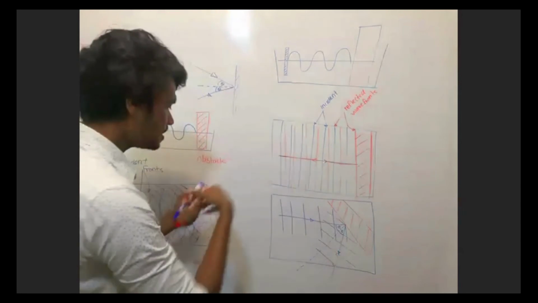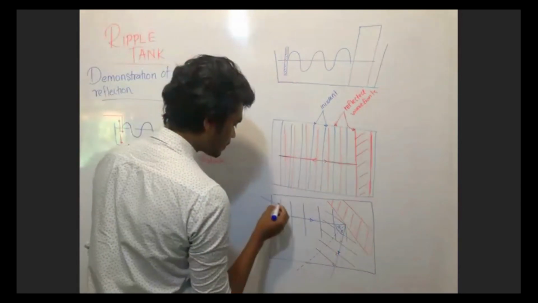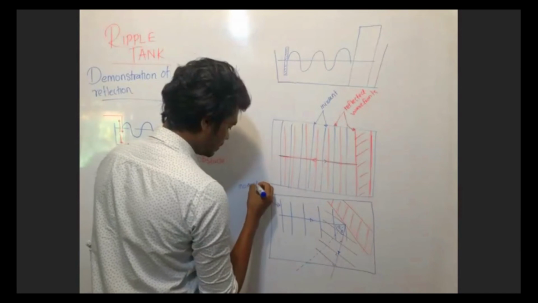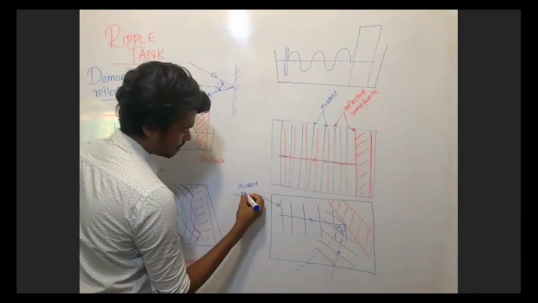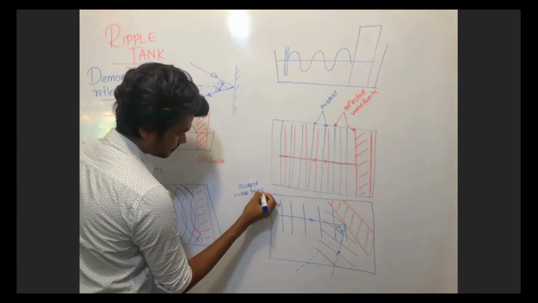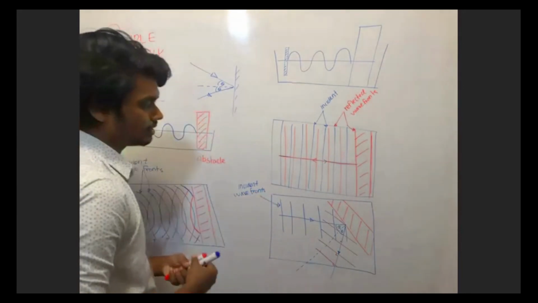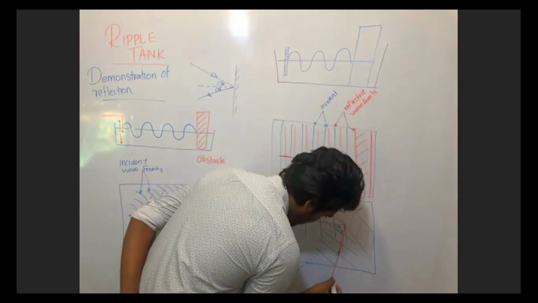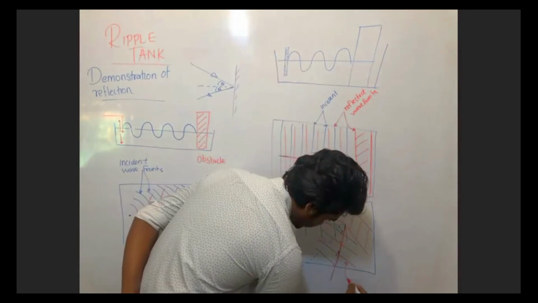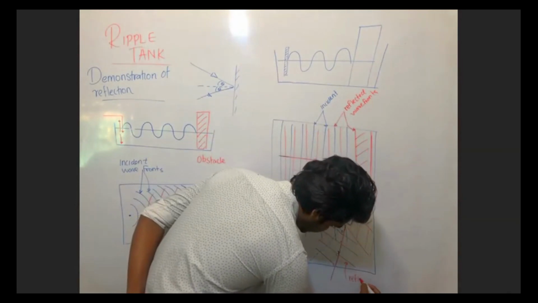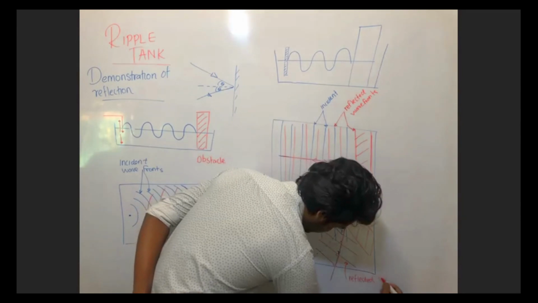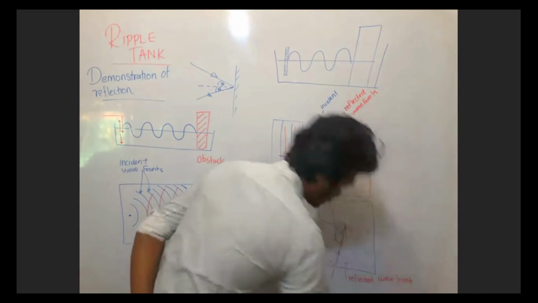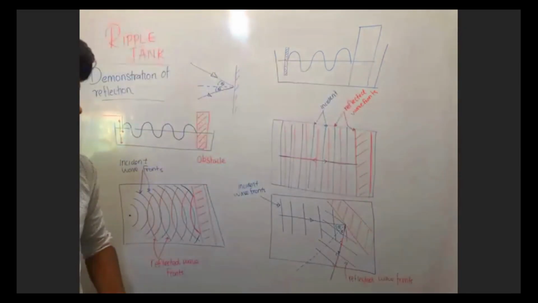So this is going to be the incident wave fronts, and these are going to be the reflected wave fronts. Reflected wave fronts, right?